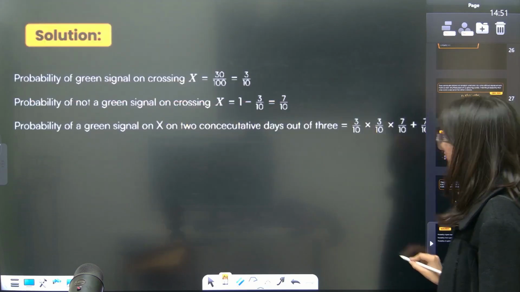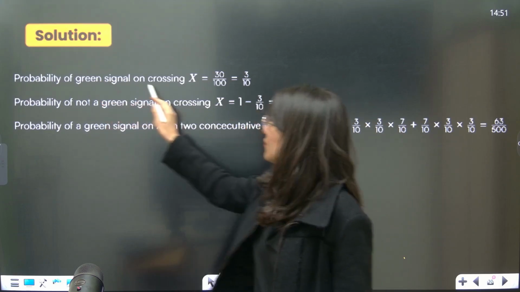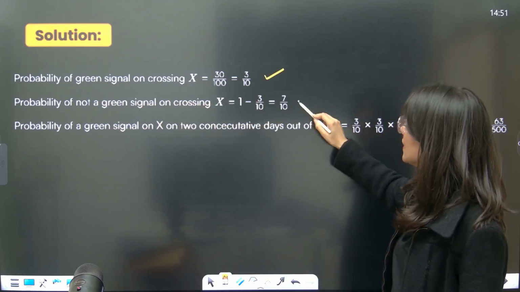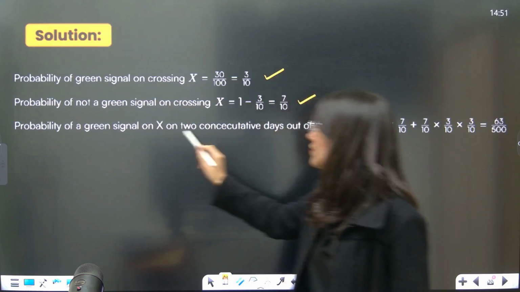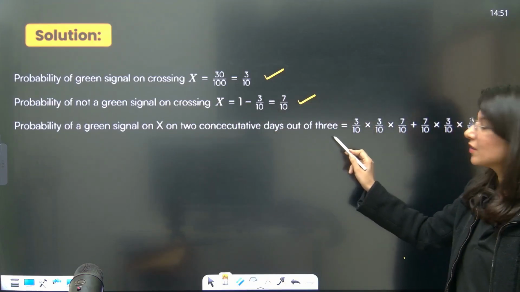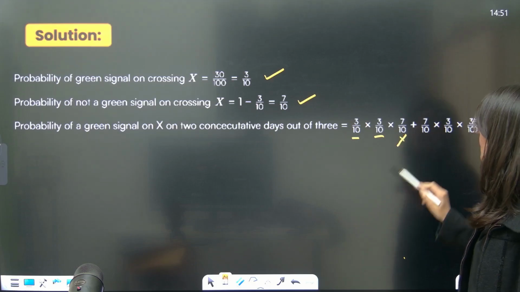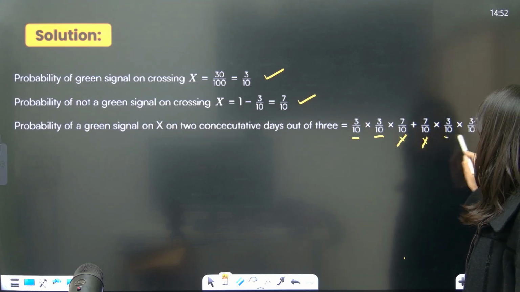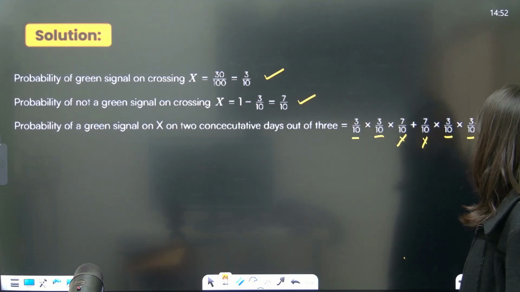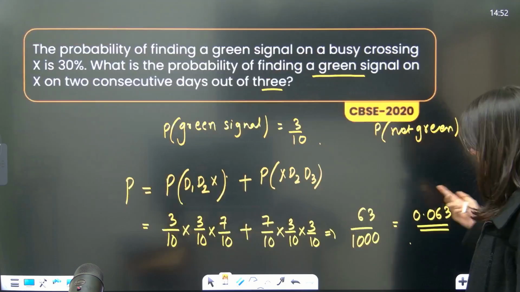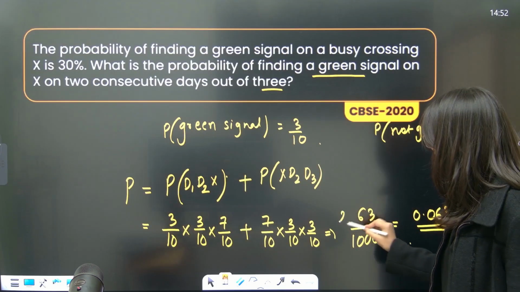Now how to write? See, the probability of green signal is 3 by 10, not green signal is 7 by 10. The probability of getting a green signal on 2 consecutive days will be day 1, day 2 green, day 3 not green. Then day 1 not green, day 2, day 3 green. So 63 by, sorry, this is multiplied by 2, correct?